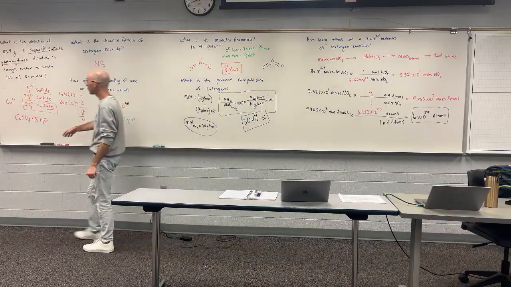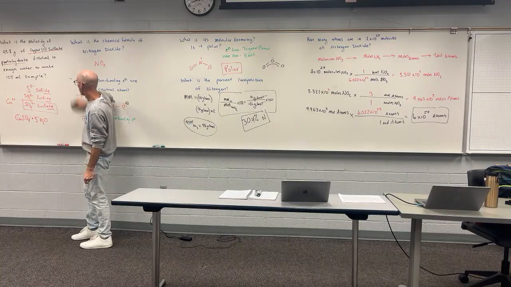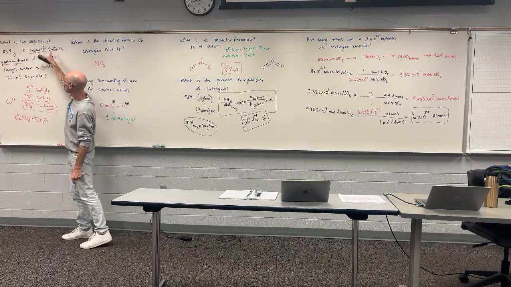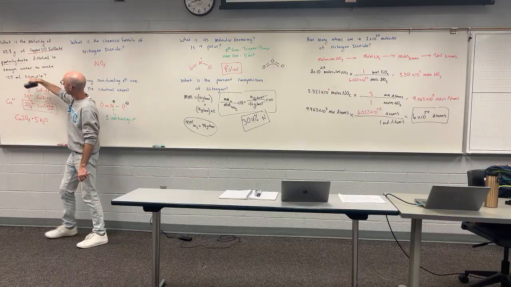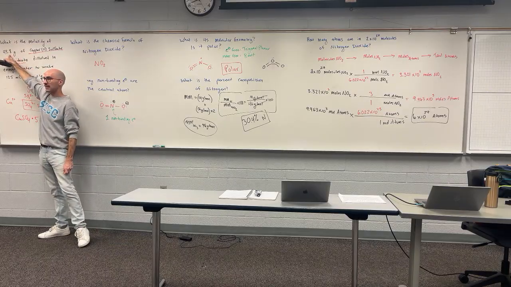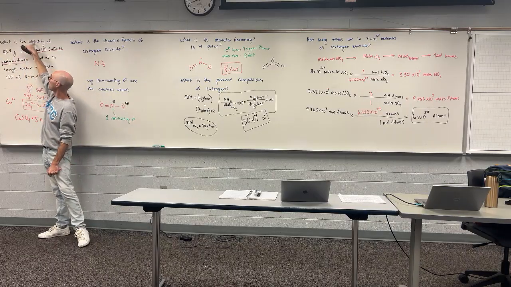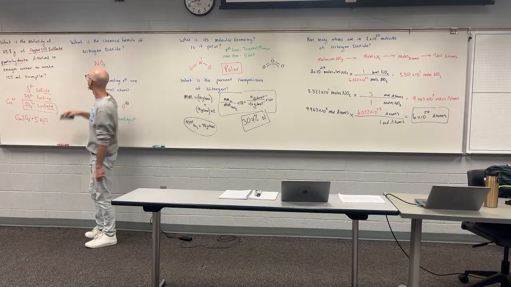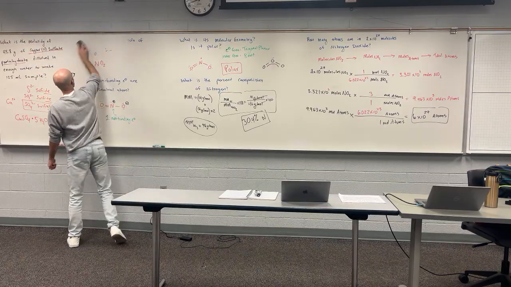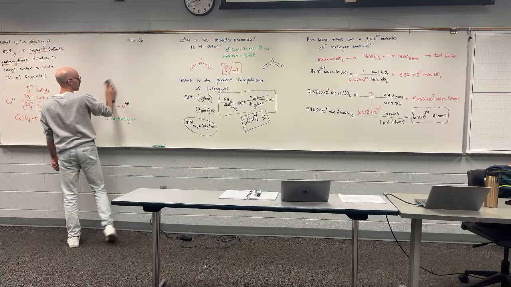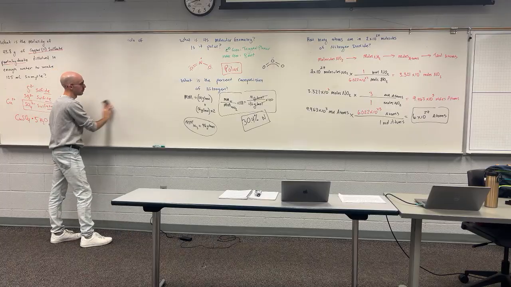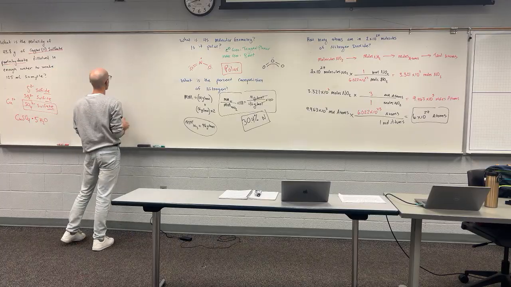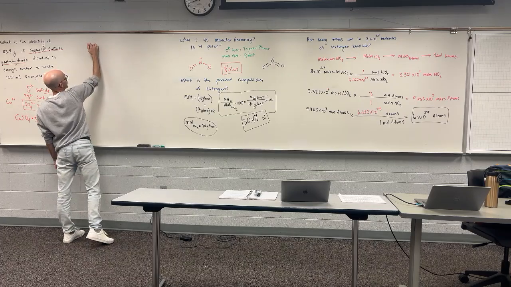And we need to know the molar mass of copper II sulfate pentahydrate if we're going to convert grams into moles so that we can get molarity, which is moles over liters. So why don't you use your periodic tables and calculate the molar mass of copper II sulfate pentahydrate.